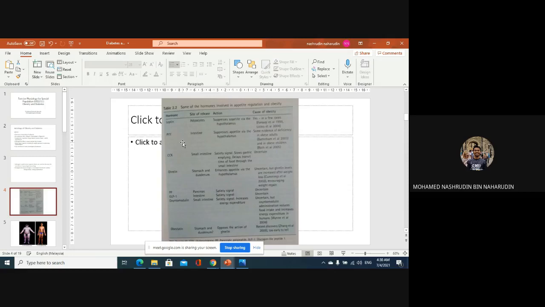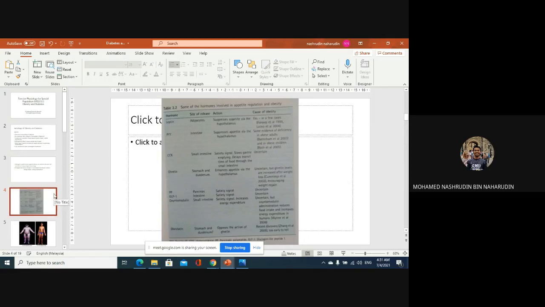And then GLP-1 is an anorexigenic hormone, and the same goes for oxytocin. They act opposite to ghrelin, meaning they are also anorexigenic hormones. So these are the hormones that can alter or regulate your food intake.